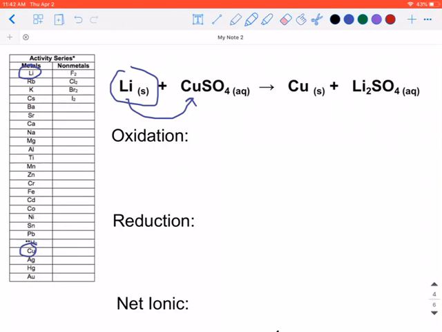So let me erase this just to give us some space so it doesn't get messy. My second step was make sure we have a balanced chemical equation. Just looking at this right now, I can see I have one lithium on the reactant side, or the left side, but I have two lithiums on the product side, or the right side.